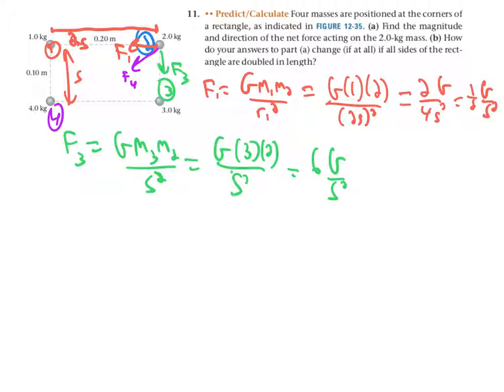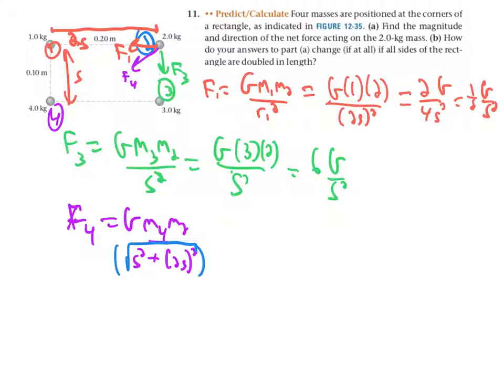And then, likewise, we can say that F4 is G M4 M2 over, and I gotta figure out what that distance is, but that distance would be s squared plus 2s squared. The distance would then be square rooted, but then we're going to square it because we want r squared.